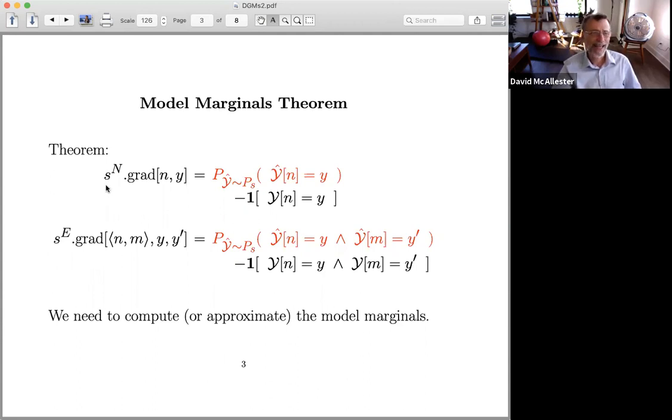So the theorem is going to say that the loss gradient of this unary potential is equal to a probability over drawing from this exponential softmax.